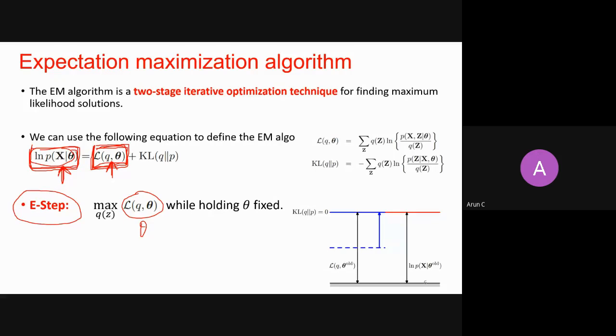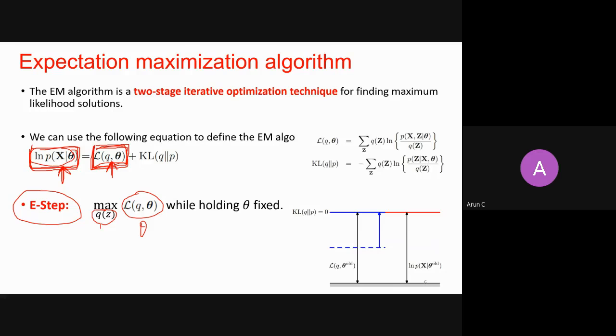There are two things because L is a functional for q and a function for theta. So in the E step I will maximize with respect to q, and in the M step I will maximize with respect to theta.